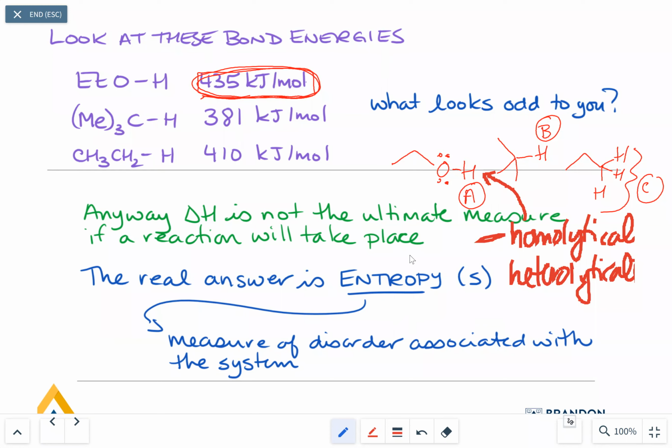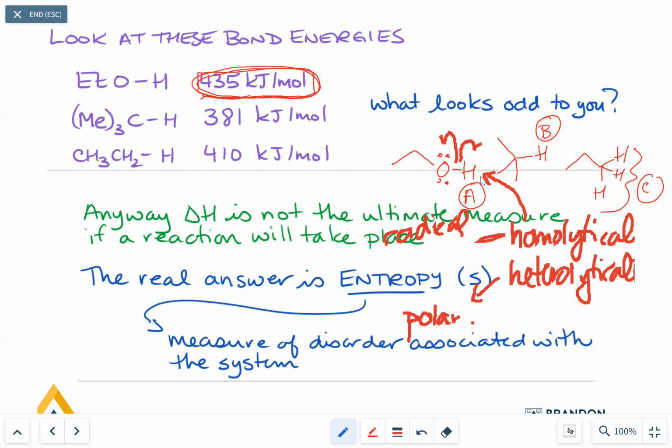Remember, homolytic is basically a radical reaction, and heterolytic is basically a polar reaction. So we're breaking it heterolytically. When they're calculating these bond energies, they're assuming that they're breaking like this.